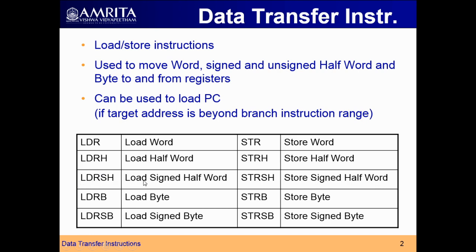LDRSH means load signed half word, STRSH means store signed half word. Similarly, LDRB means load byte, STRB means store byte. LDRSB means load signed byte, STRSB means store signed byte. So these are the different types of load and store instructions available in ARM.